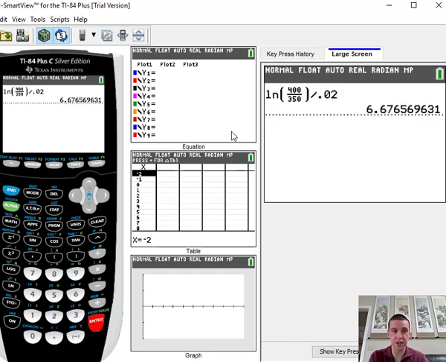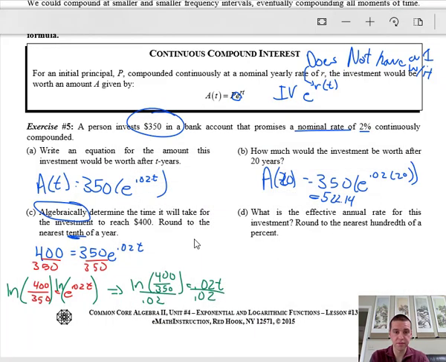And you'll notice here we said to round to the nearest tenth, and so the tenth is 6.7 years. So we have t equals 6.7 years. Okay. So when you see an exponential function with base e, you're going to have to take the natural logarithm if you're trying to solve for an x variable in the exponent.